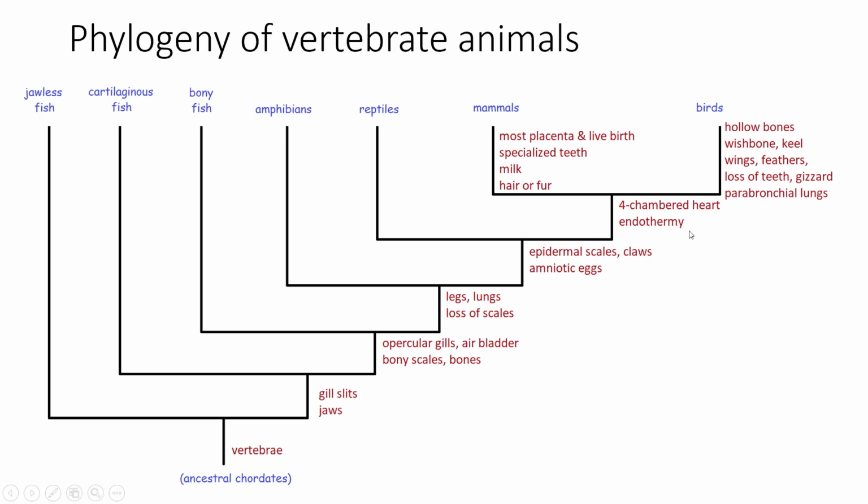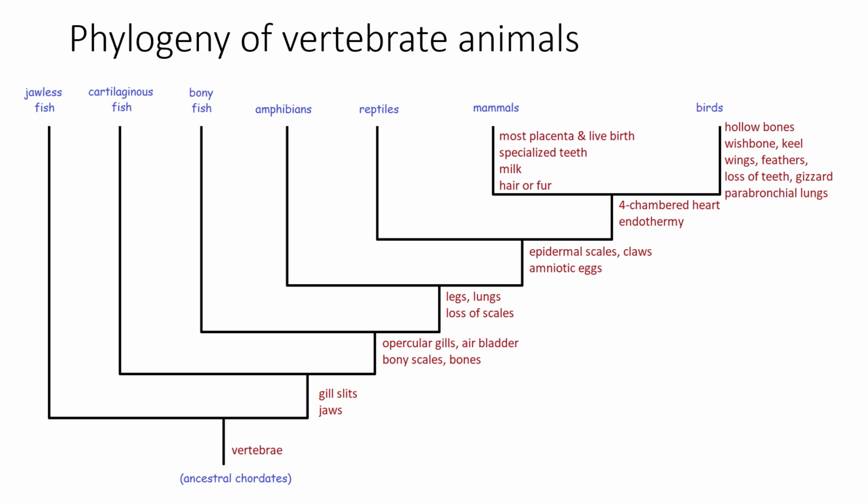Then endothermy, or warm-bloodedness, evolved, and a four-chambered heart. Amphibians and reptiles have three-chambered hearts. Fish, two-chambered hearts. Mammals and birds have four chambers, the most efficient type of circulatory system. Now mammals, because of endothermy, they're able to produce body heat, but in order to live in environments where it's cold, they develop hair or fur.